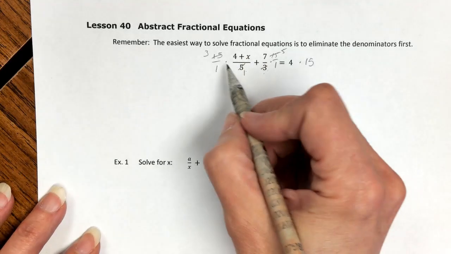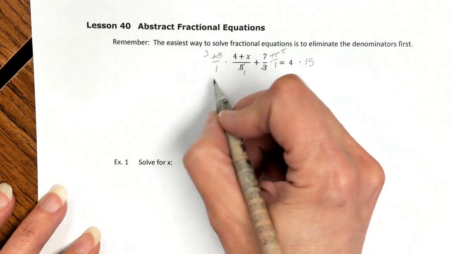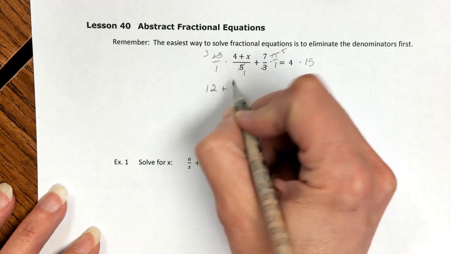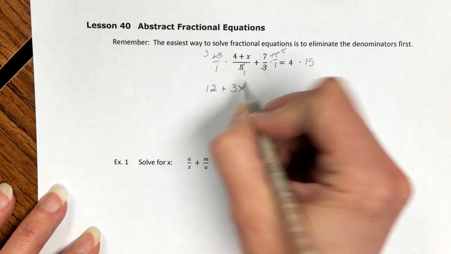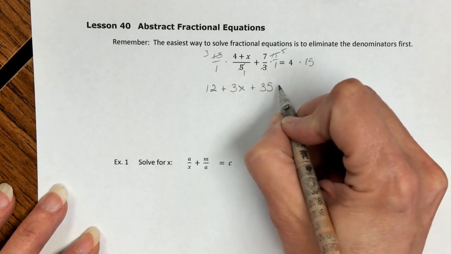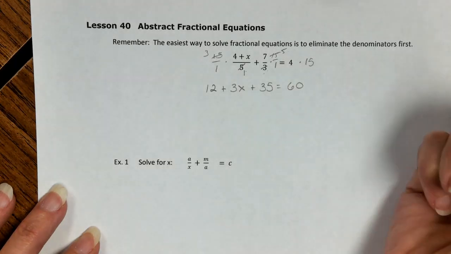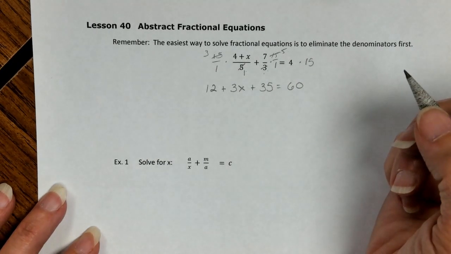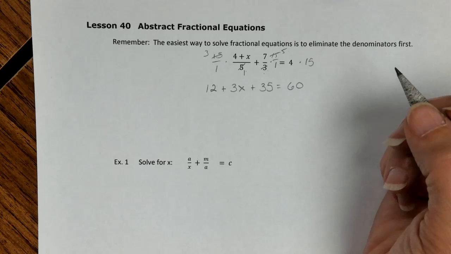Now we multiply 3 times both of those. So 3 times 4 is 12, plus 3 times x, plus 7 times 5 equals 4 times 15. Then we would add like terms on the left.